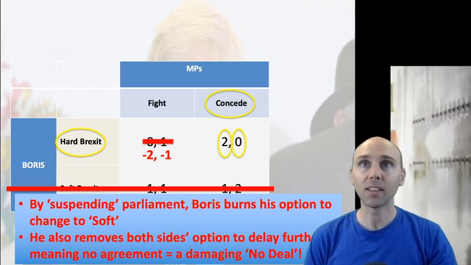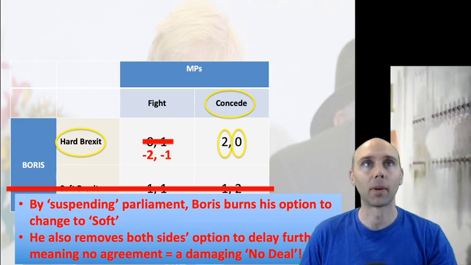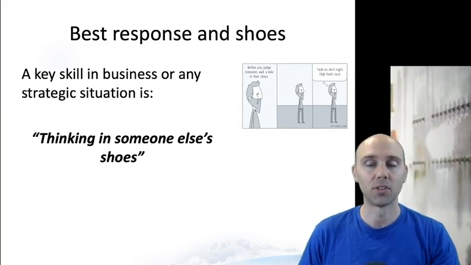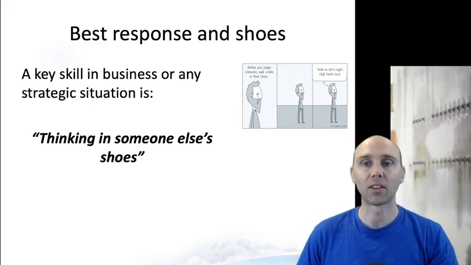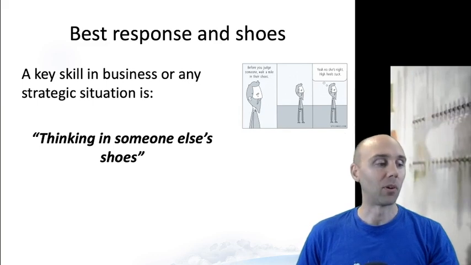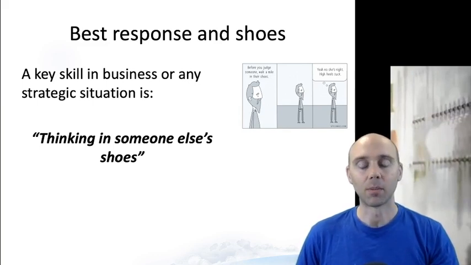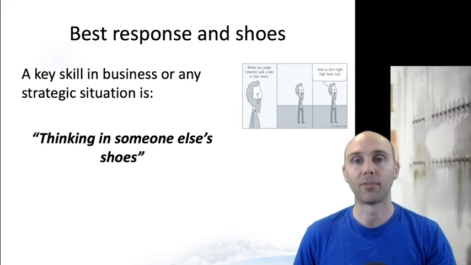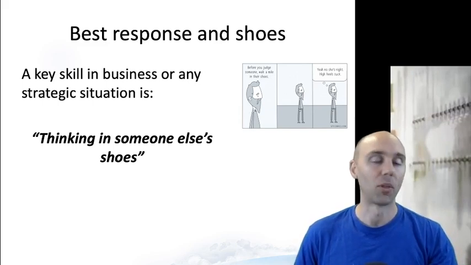So a key skill from game theory is thinking in someone else's shoes. Now, game theory is such a large topic. Like I said, there are several courses within the School of Economics just devoted to it, that I can't do it justice in this lecture. But given that we've gone through so many examples crammed into one lecture, I thought we might have a little bit of fun for the rest of this lecture.